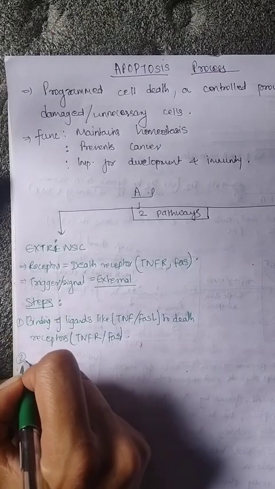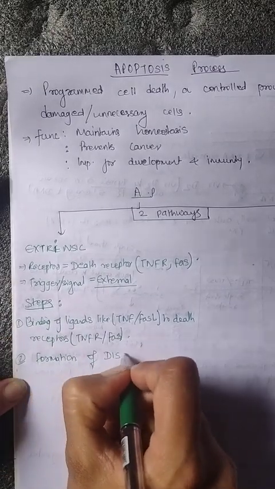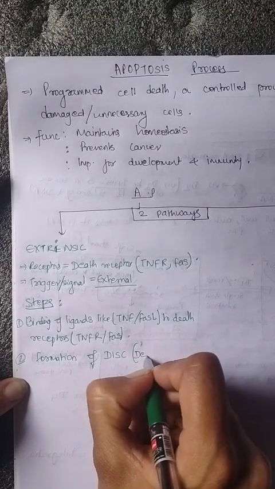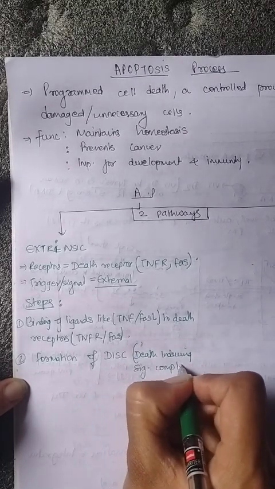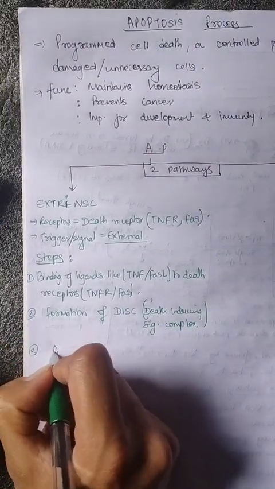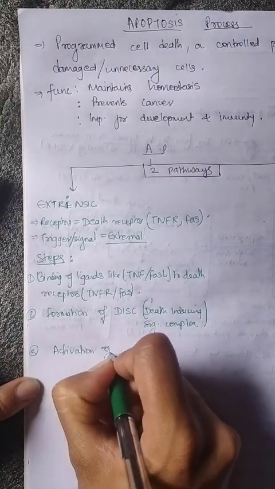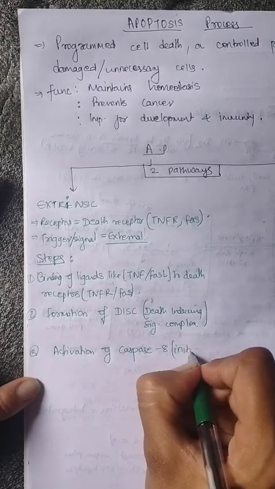The second step is the formation of the DISC, that is the death-inducing signaling complex. Then activation of caspase-8, which is the initiator caspase.